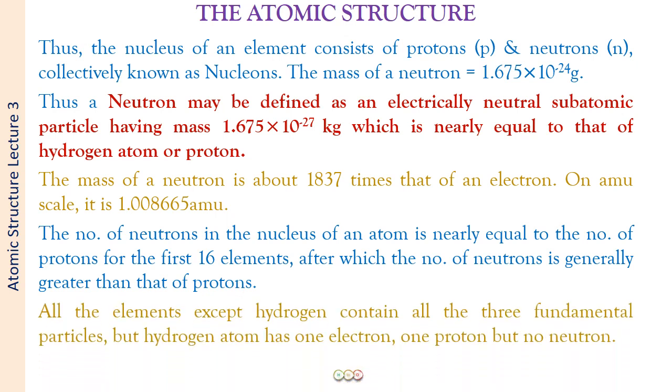And all the elements except hydrogen contain all the 3 fundamental particles, that is, the proton, electron and neutron. It is only the hydrogen atom which has 1 electron, 1 proton and no neutron.